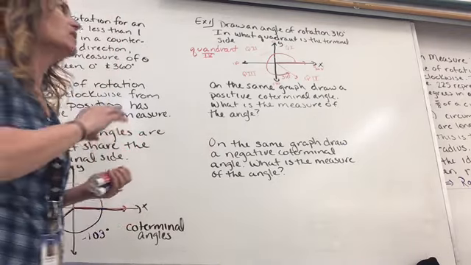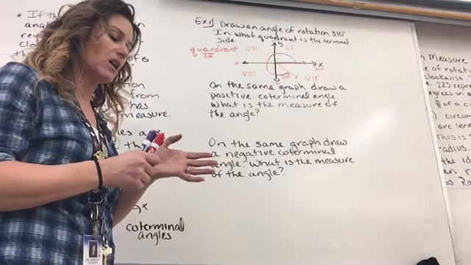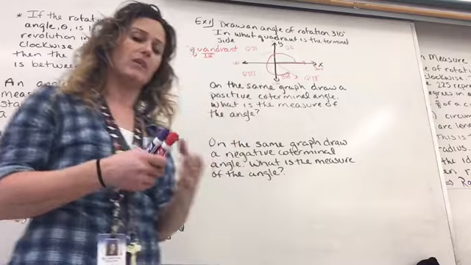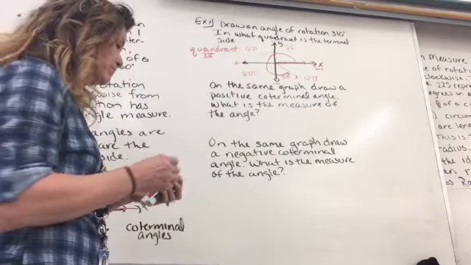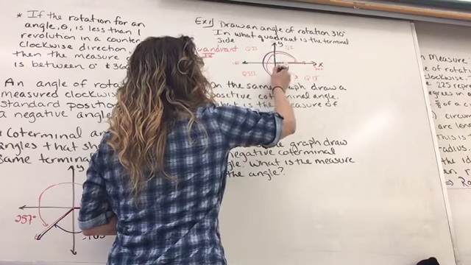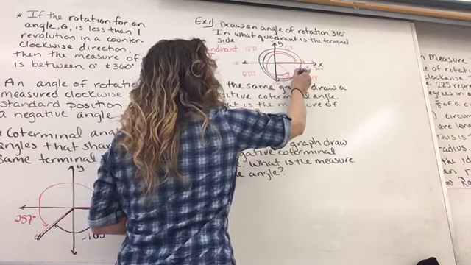So if we want another angle that's still positive, which means we have to go counterclockwise, but we want it to end at this same spot, it's going to have a different measure because it has to be a different angle. So I've got to go this way, but what's going to happen is I'm going to go past it, come all the way back around to this.